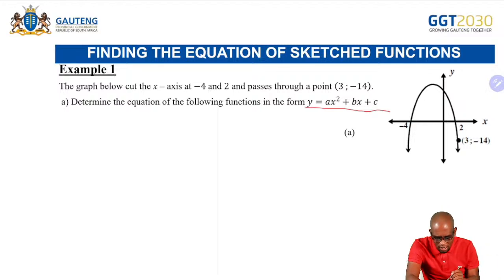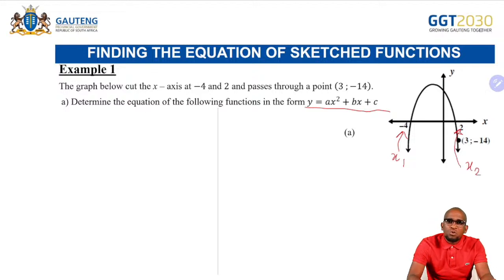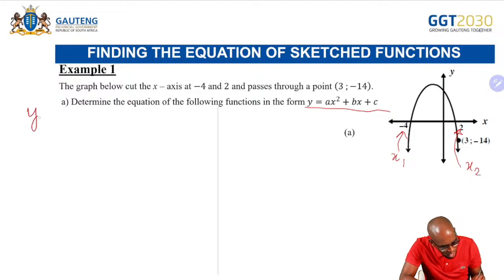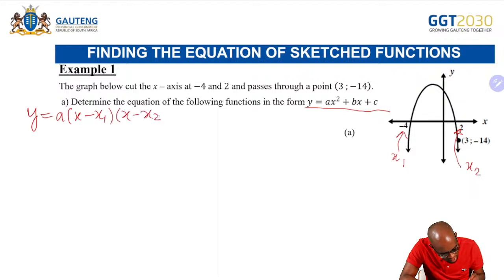If you check this parabola, we are given this as the x-intercept. We are going to call it x1, and we are given this one as another x-intercept. We are going to call it x2. Now, in any quadratic function, if you are looking for the equation and you are given the x-intercepts and an additional point, then you use this form. y is equal to a into (x minus x1)(x minus x2).